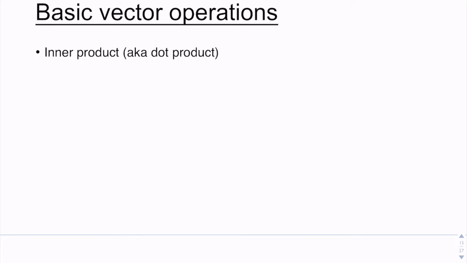But here we are giving a formal definition for the inner product. So the inner product of two vectors has different notations we can use. Sometimes we use a dot, so note that.